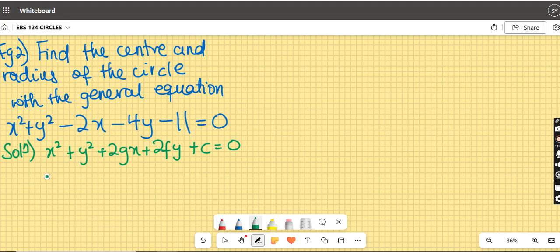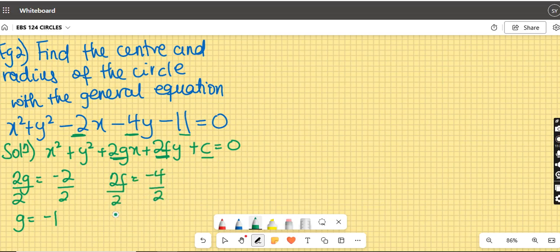We remember that 2g is the coefficient of x and 2f is the coefficient of y, and c is the constant. So let's find g, f, and c. 2g is equal to negative 2, so dividing both sides by 2, g will be negative 1. 2f is equal to negative 4, so dividing both sides by 2, f will be negative 2. Now our c is simply negative 11.